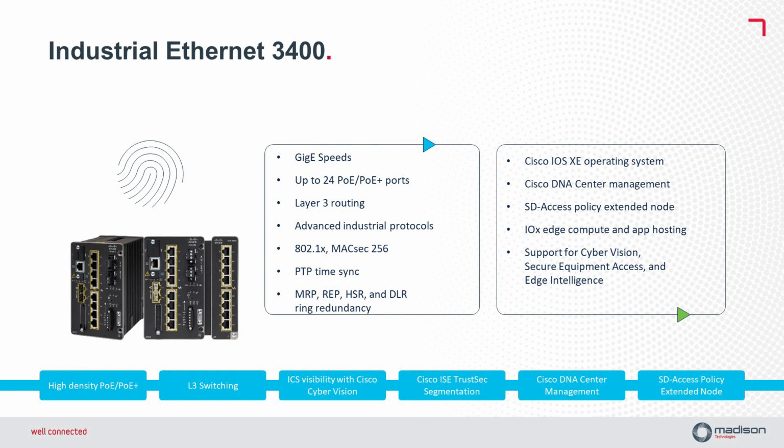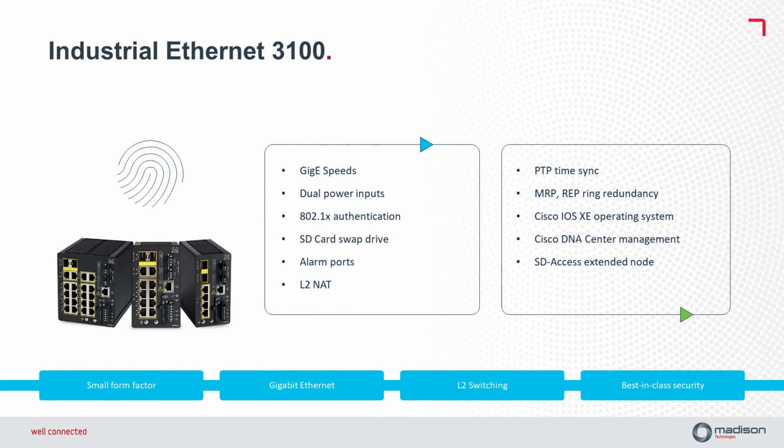The modular design of the IE3400 allows for expansion, which is suitable for various industrial applications. Finally, we have the newest addition, the 3100 switch. These switches provide advanced gigabit Ethernet connectivity in a compact form factor, which is suitable for edge applications. So we have edge, aggregation, and then core.